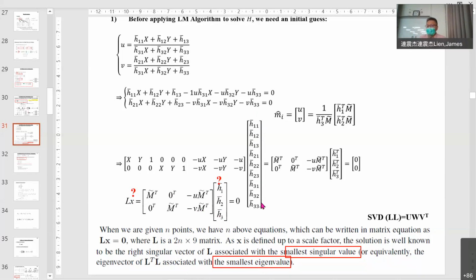So that's your answer. This is one kind of optimization solution, solving with eigen methods. So the eigenvector, eigenvalue, singular value decomposition is one method to solve Lx equal to 0 problems.